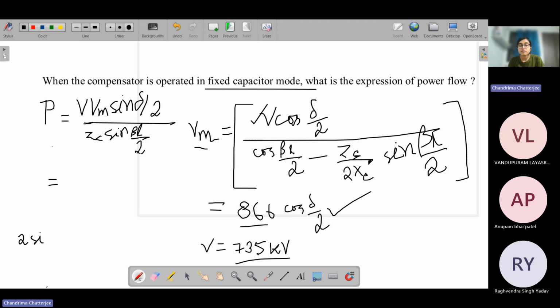So they have combined them and then given the expression. So if you calculate, just tell me what you are getting.